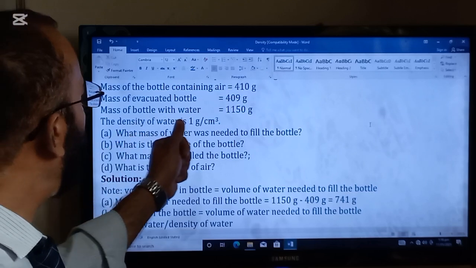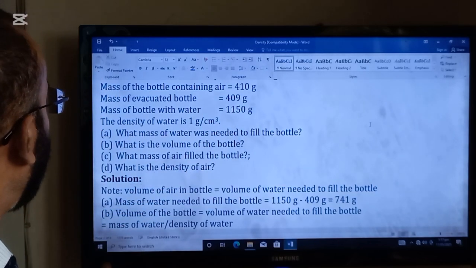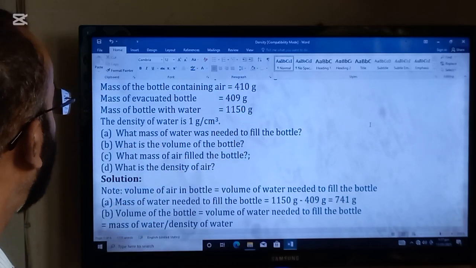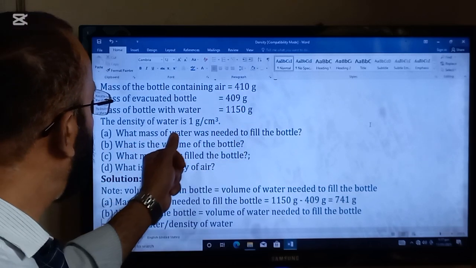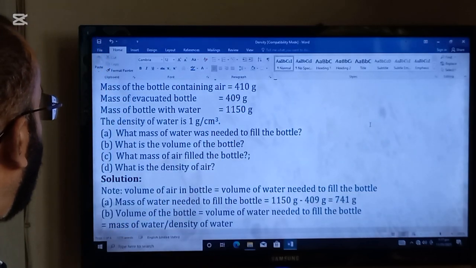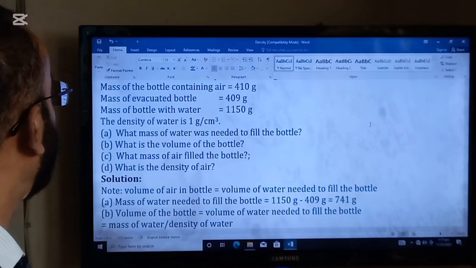Mass of the evacuated bottle is 409 grams. Mass of the bottle with water is 1150 grams. Density of the water is 1 gram per centimeter cube. What mass of the water was needed to fill the bottle?